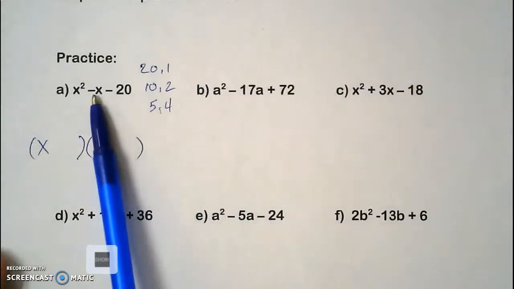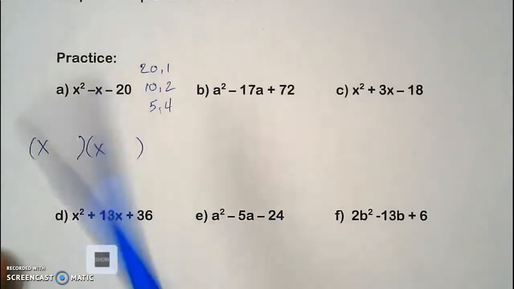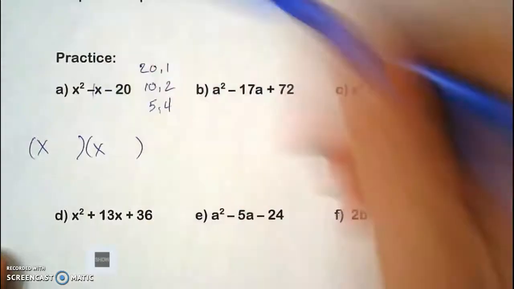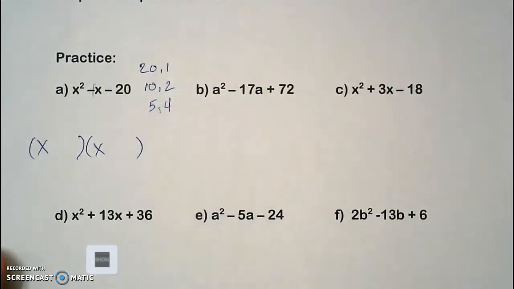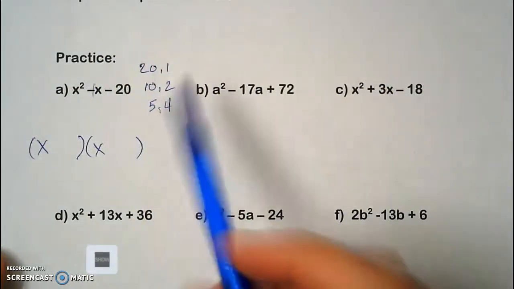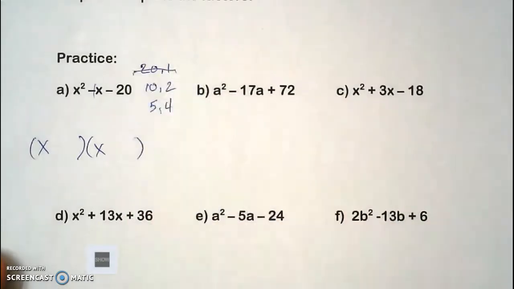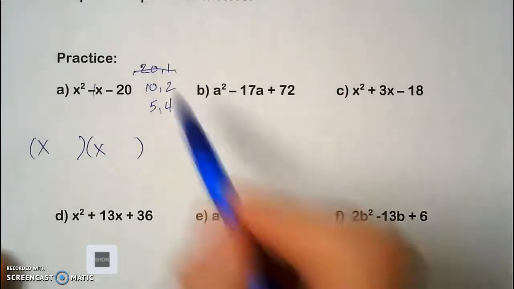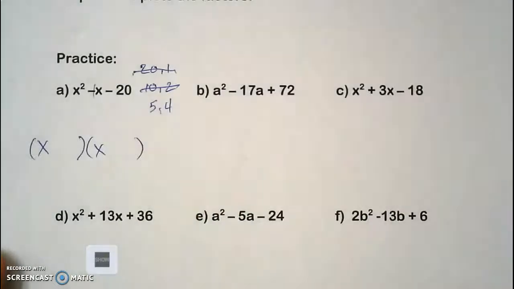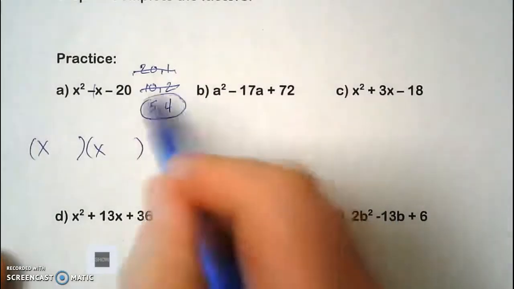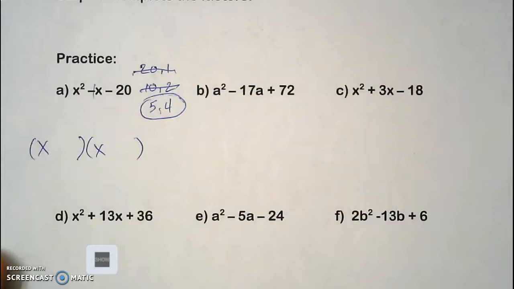But look in the middle. That's a 1. It's actually a negative 1 in front of x. Now, which of these pairs could ever add to 1? Well, 20 and 1 can never add to 1. 10 and 2 can never add to 1. 5 and 4 can add to 1 if one of them is negative.